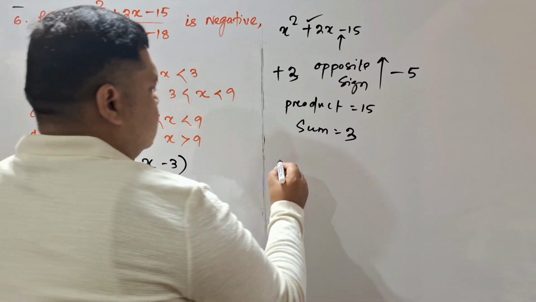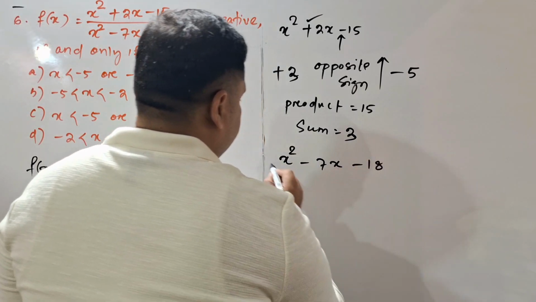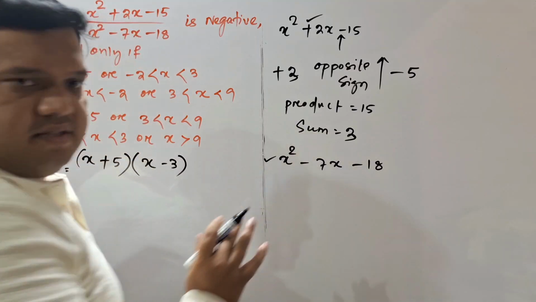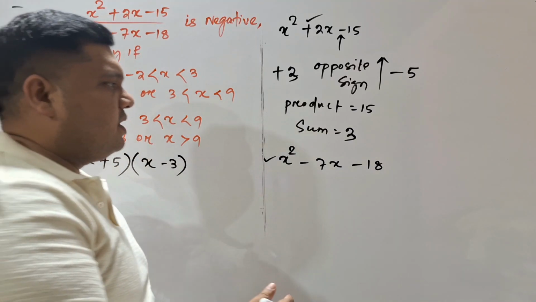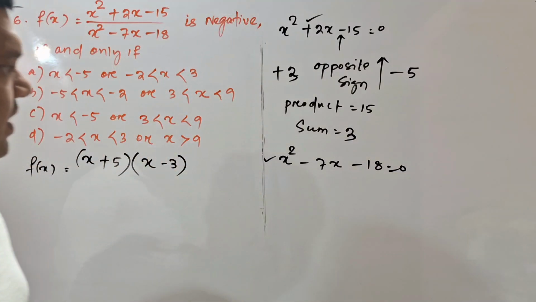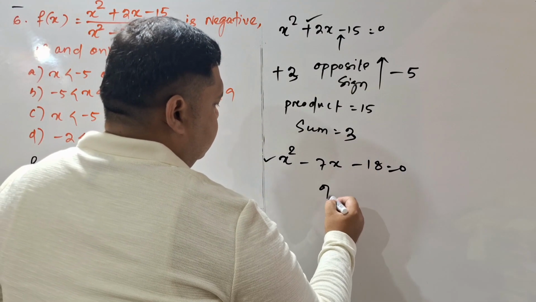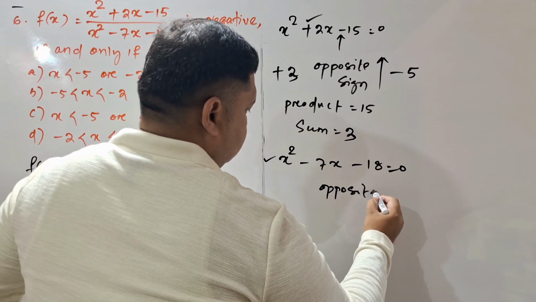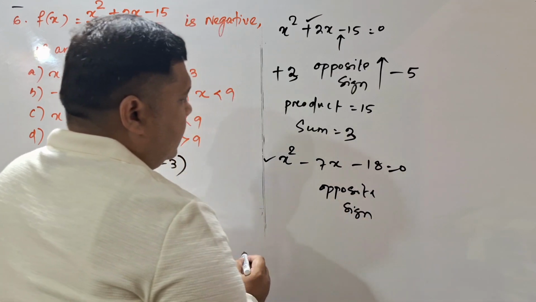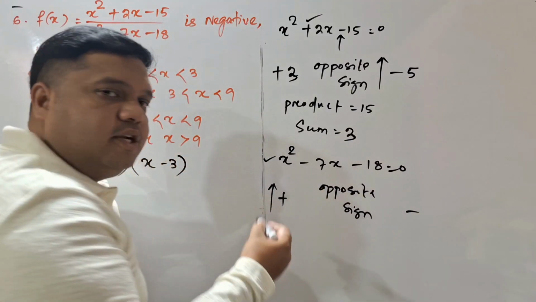Similarly, the other equation given is x square minus 7x minus 18. For this quadratic equation, equal to 0, because I am going to find the critical points. This minus indicates opposite sign, and here this plus and this minus, this negative indicates the positive magnitude is more.